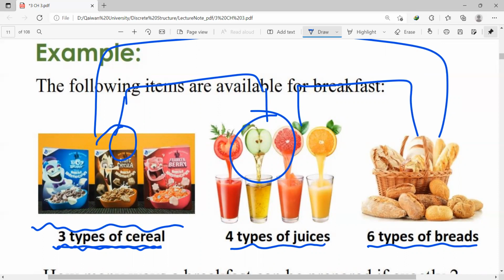And if we pick an item from the juices, we have 4 ways, because we have 4 types of juices. And also, if we pick one type of breads, it means we have 6 ways.